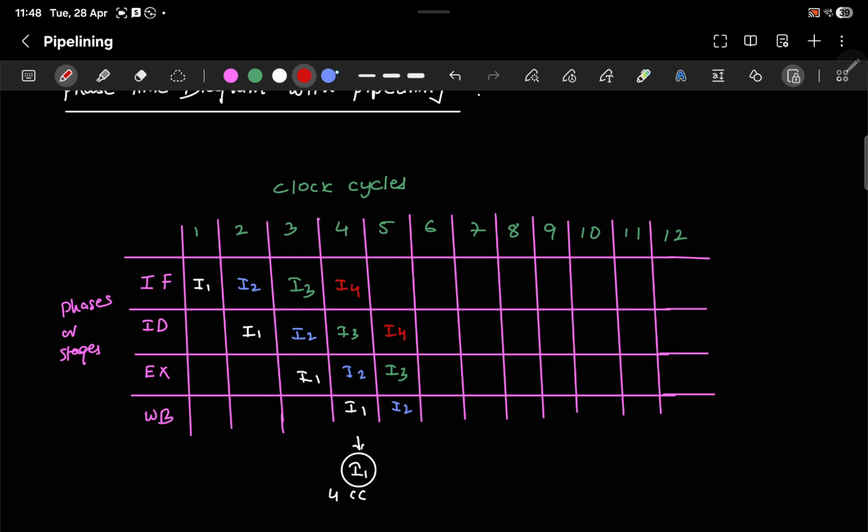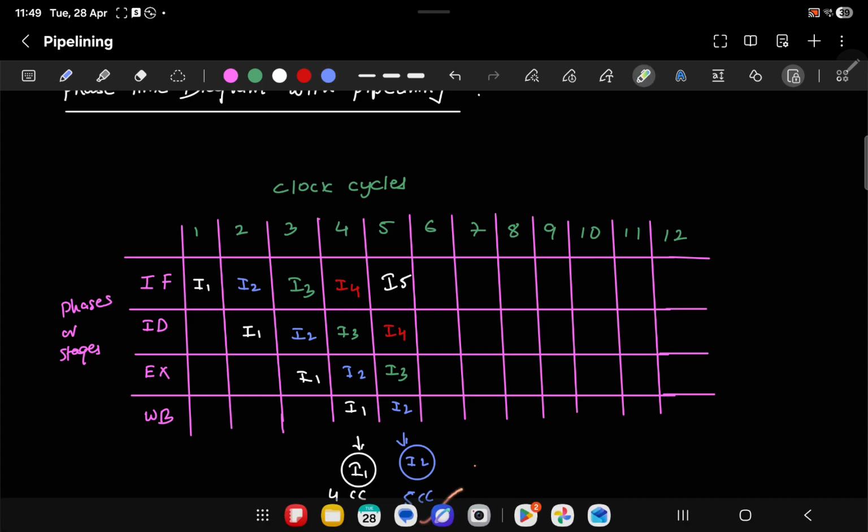So you can use something like I5. You can clearly see that at the fifth clock cycle, I2 has already completed its execution. So for I2 to complete its execution, it has taken only 5 clock cycles.